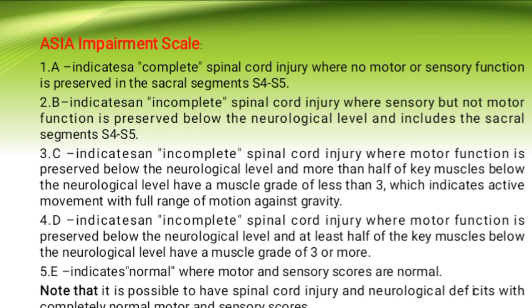Now remember, the sacral segment is found inferior. I'm using anatomical language here: when I say inferior, I'm referring to something that is below. So the lumbar is superior to the sacral. The sacral segment is S4 and S5, and they are inferior to the lumbar vertebra.